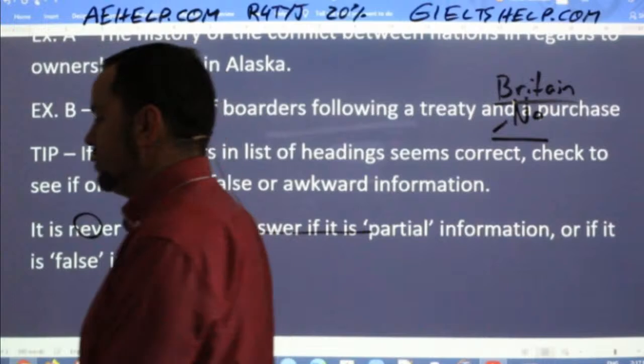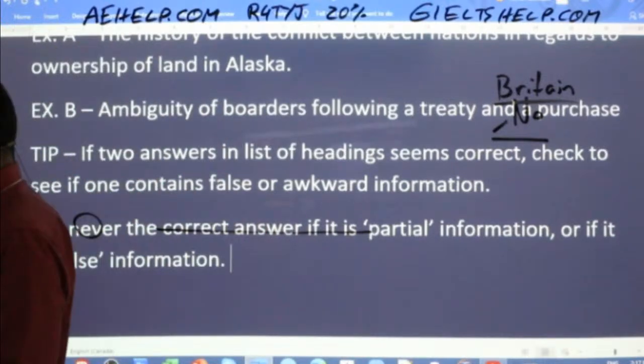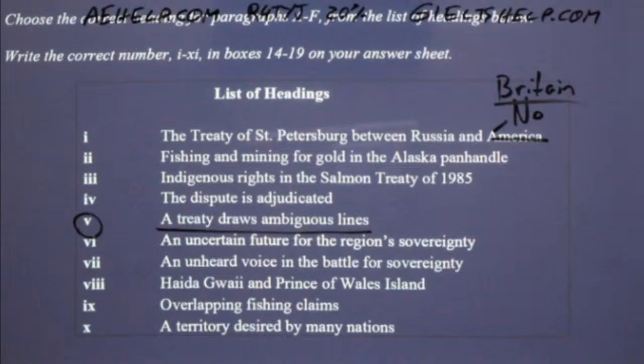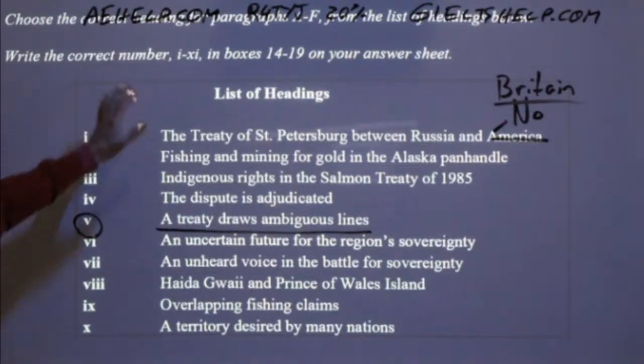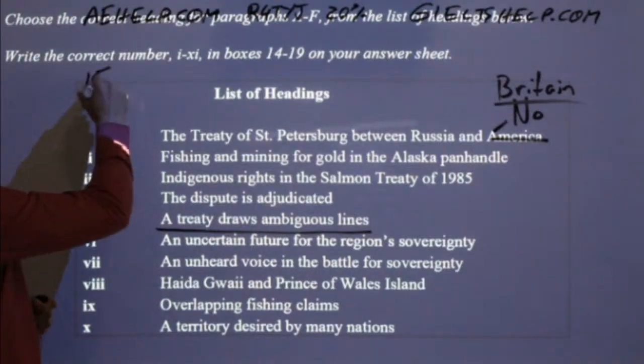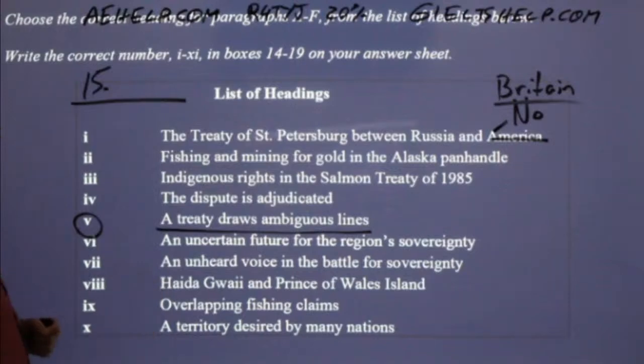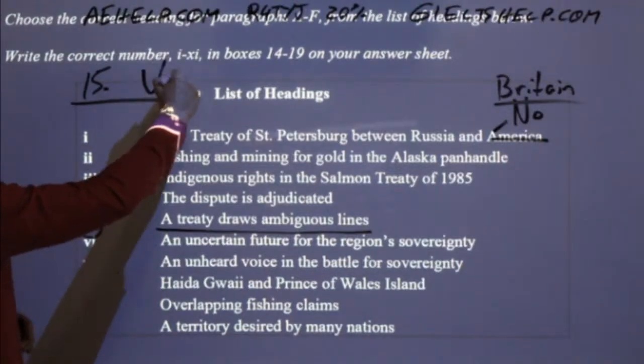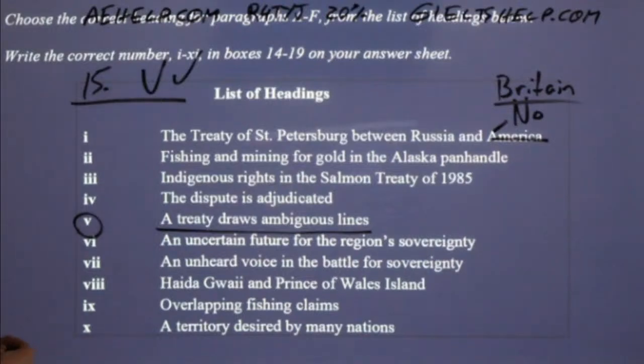So you definitely have to choose the one that is the closest to your answer. Okay, so yeah, in this one for question 15 on your question sheet, for paragraph B, you would put in the Roman numeral V and you would get that correct, okay?